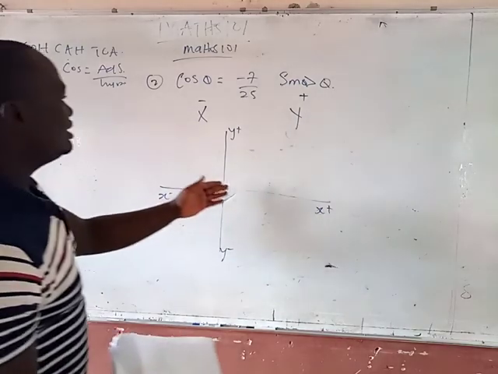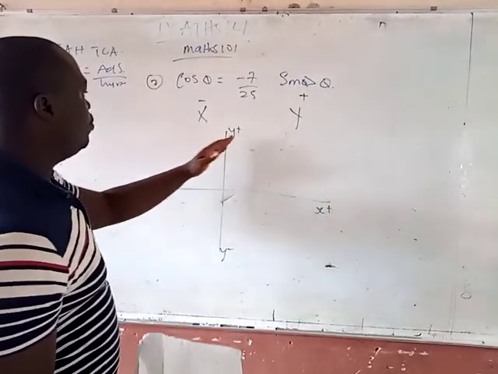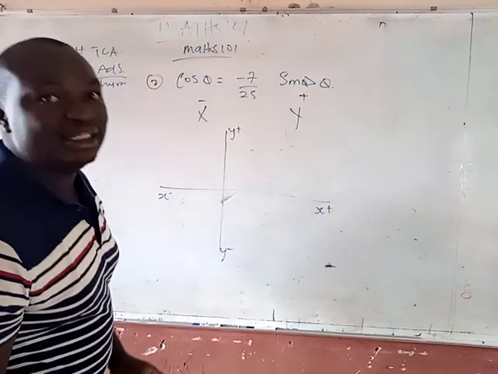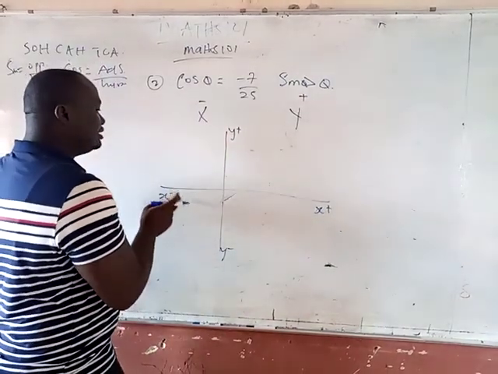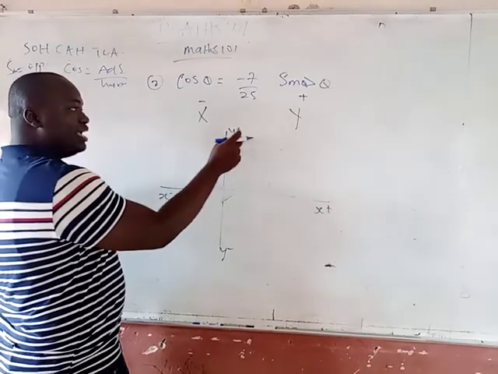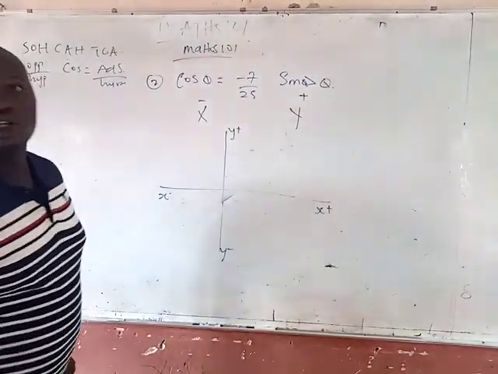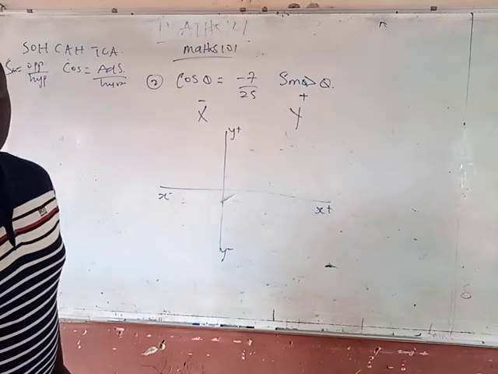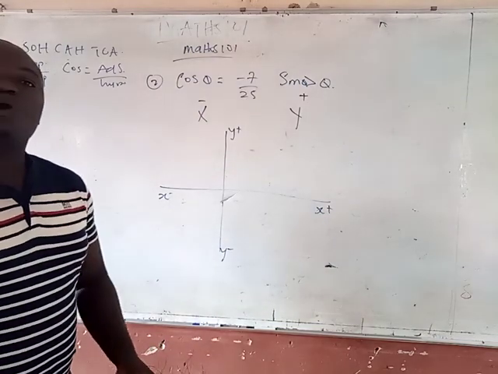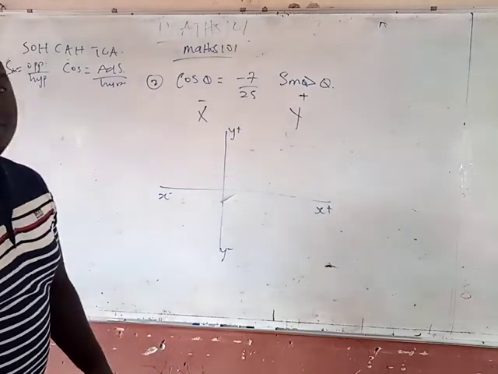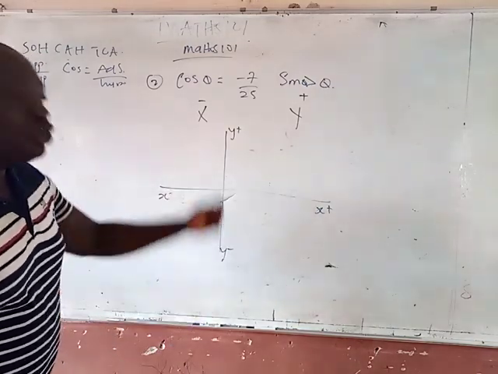The next thing is, here is positive, here is negative. Where under your graph is y positive and x is negative, you will see that it is this quadrant. Y is positive, x is negative. This is where I'm going to have to draw it. As we proceed, once you watch our video on reference angle, this thing will be much easier for you, but this is the method you need.